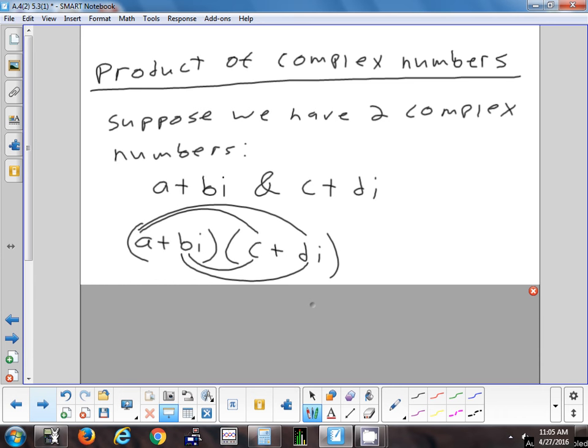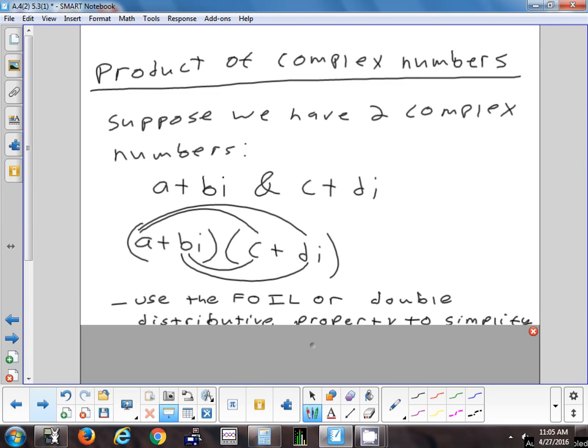But the idea is when you multiply complex numbers, you multiply the a and the c. Those are the first terms. The outer terms are the a and the di. The inner terms are the c and the bi. And then the last terms are bi times di.